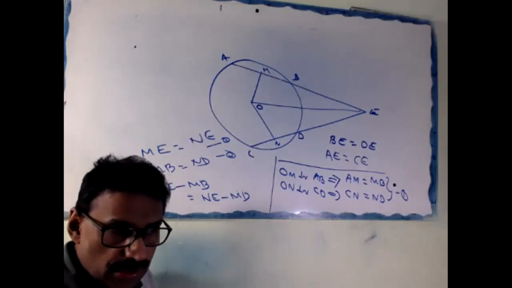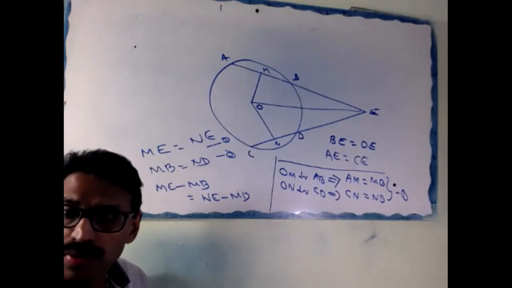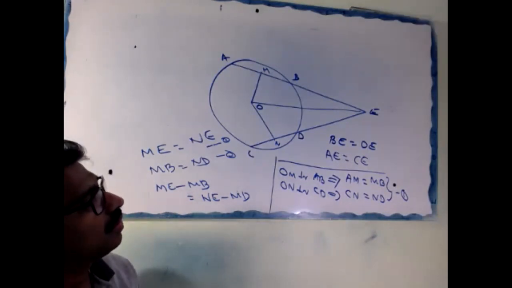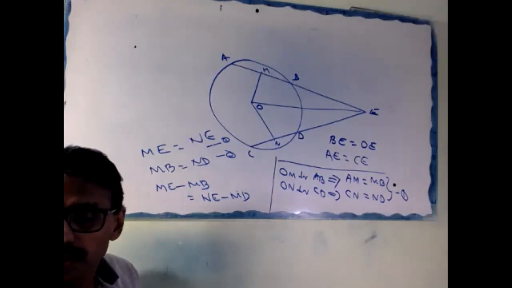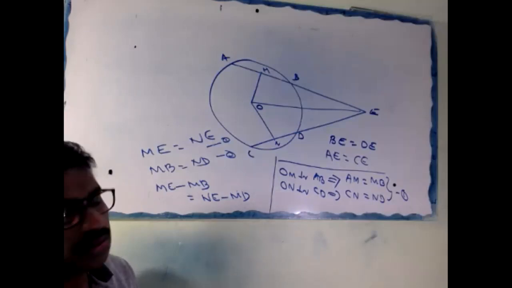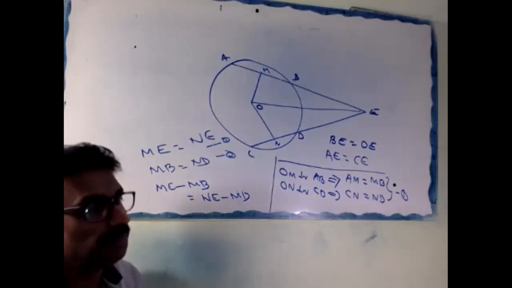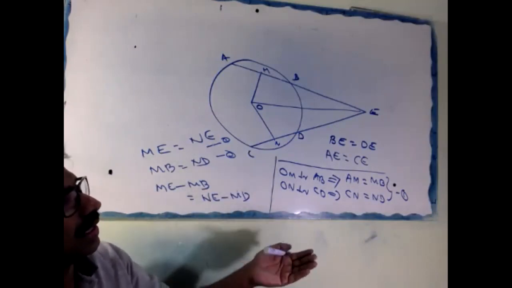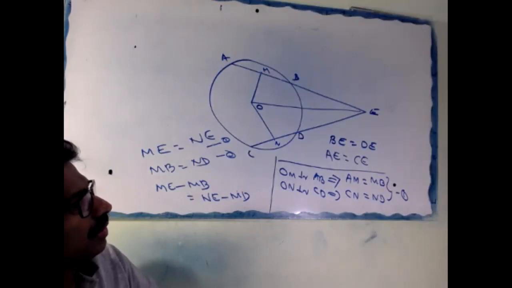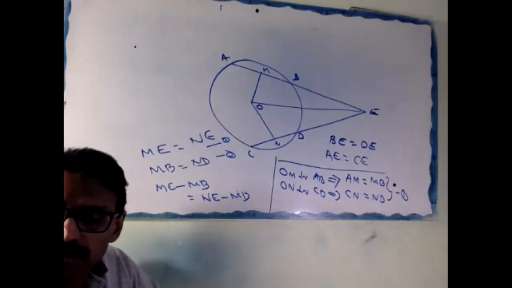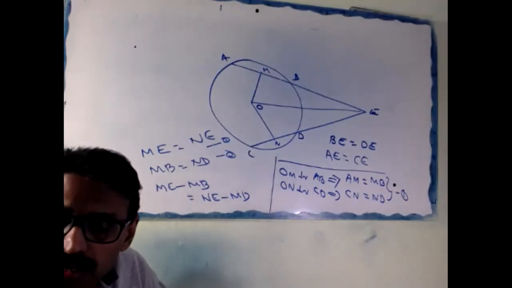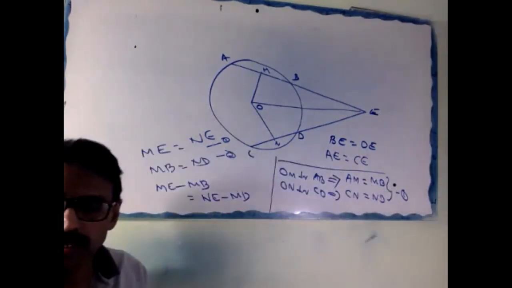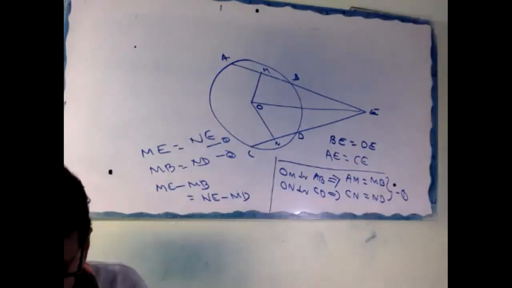Okay, check everyone. AB plus BE, yeah, that's also no problem, because we proved BE equals DE. Then AB plus BE equals CD plus DE. That is also correct. Check, everyone. This is a star question.